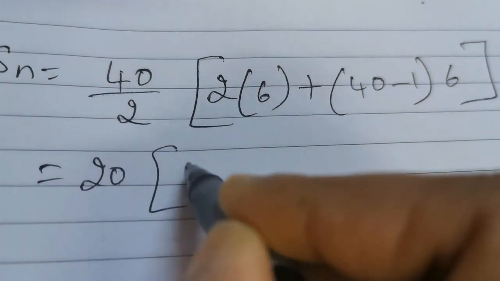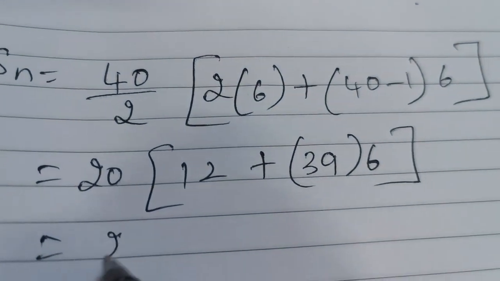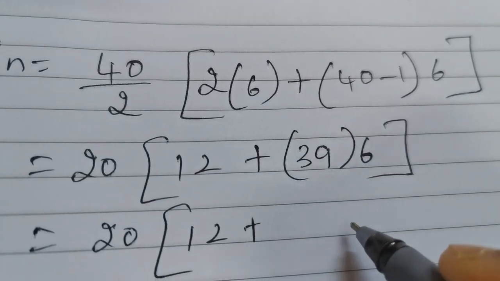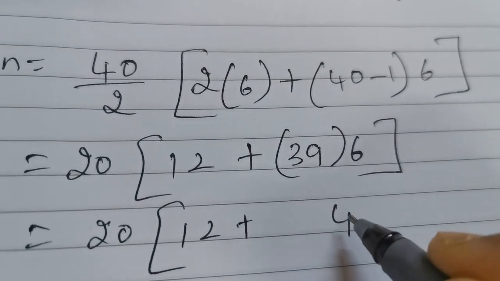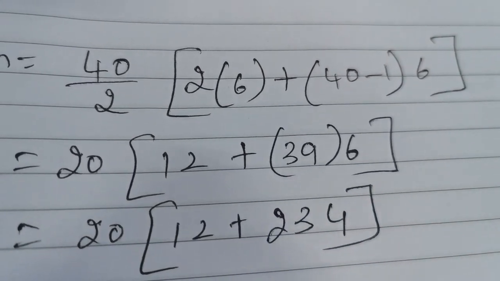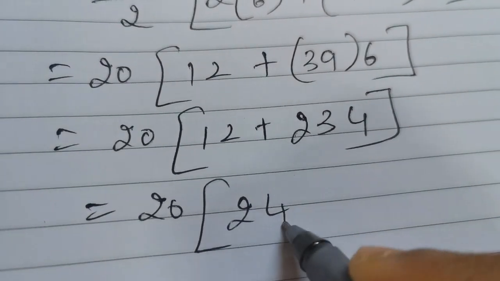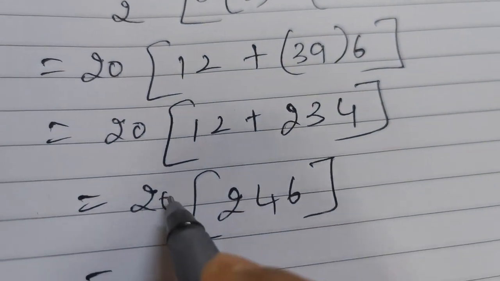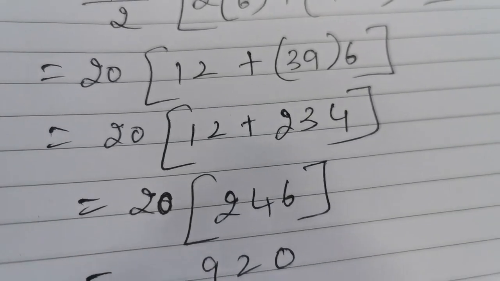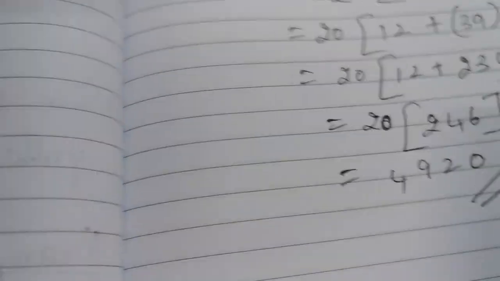Now 40 by 2 is 20. 20 into (12 plus 39 into 6). 39 into 6 is 234, and 12 plus 234 is 246. So you multiply 246 with 20. The answer is 4920.